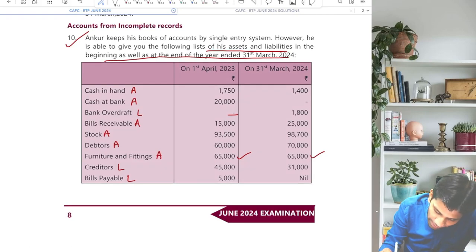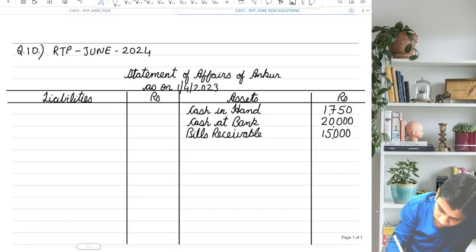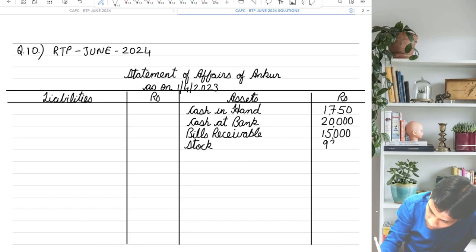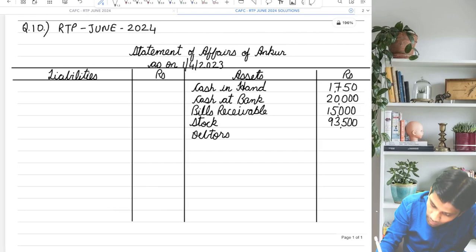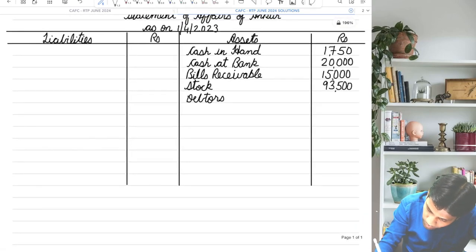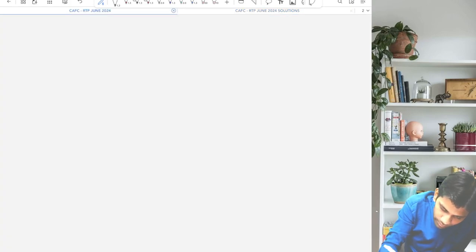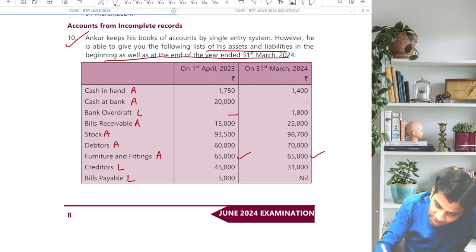Next, we have stock 93,500. Next, we have debtors of 60,000. Furniture and fittings 65,000.